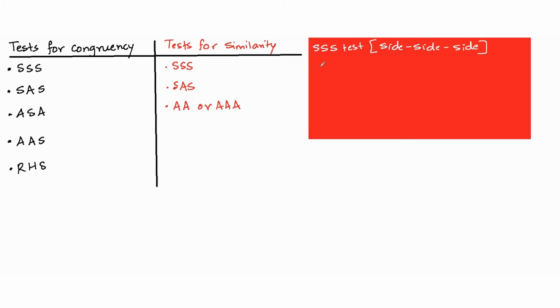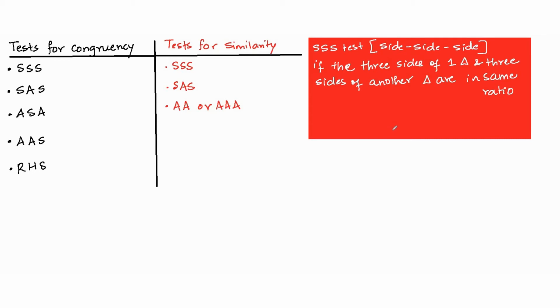What it means is if the three sides of one triangle and three sides of another triangle are in the same ratio, then the triangles are similar.